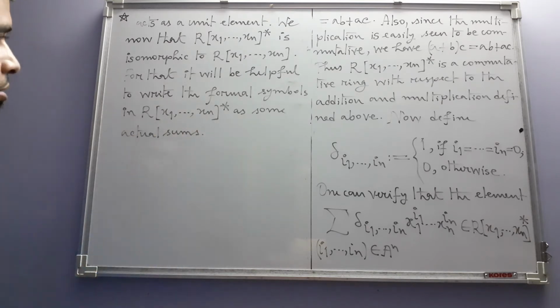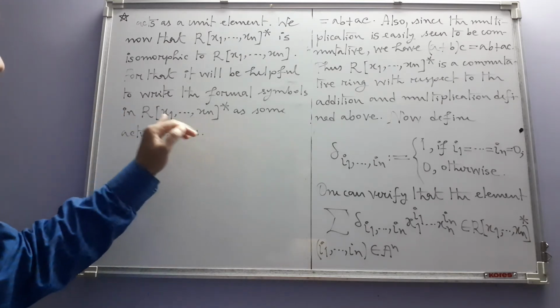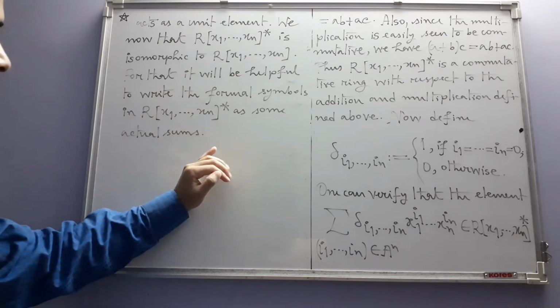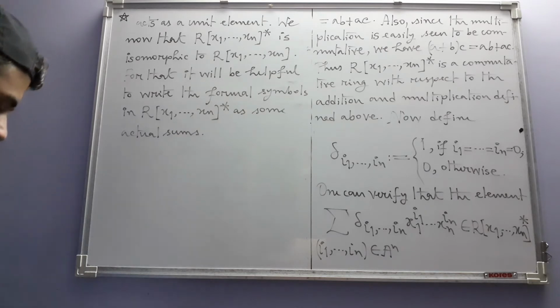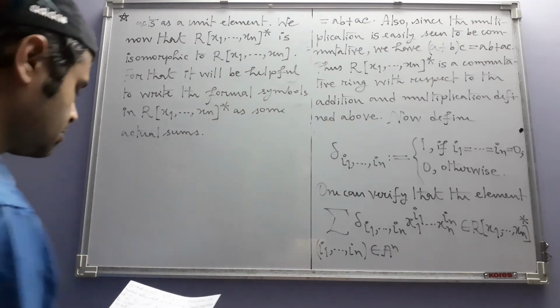Actual sums means sum of some elements in this ring, where the sum is actually the addition we have defined in this system. And specifically, we are going to do this.